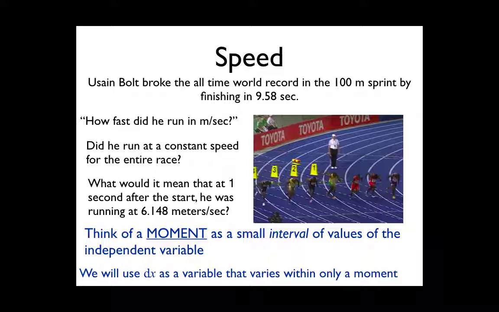In situations that don't overall have one constant rate of change, though, we want to restrict ourselves to looking at small moments at a time and talking about dx within those small moments, like between time 1 and time 1.001. We'll let dx take on little values there and calculate accumulations in distance from the starting line, little additional distances.